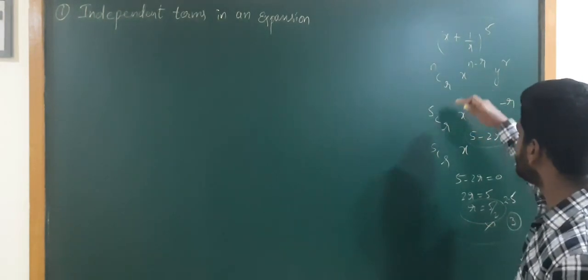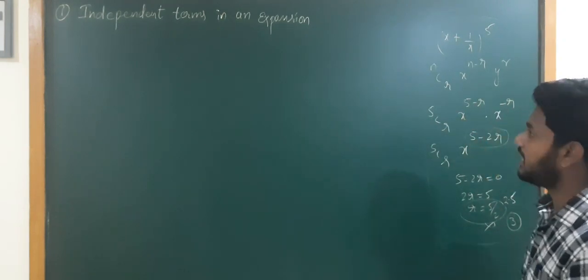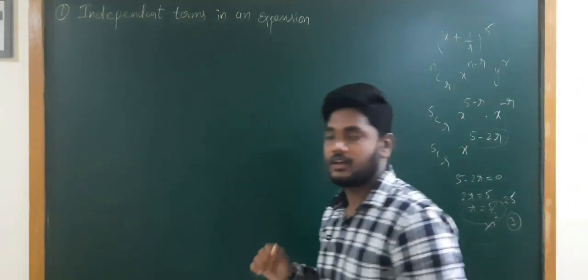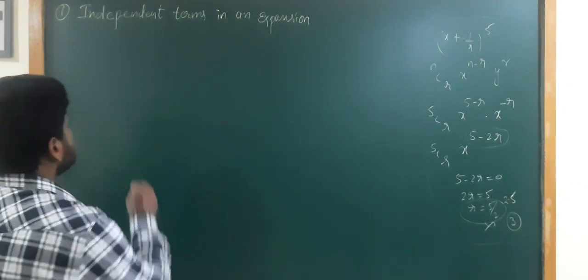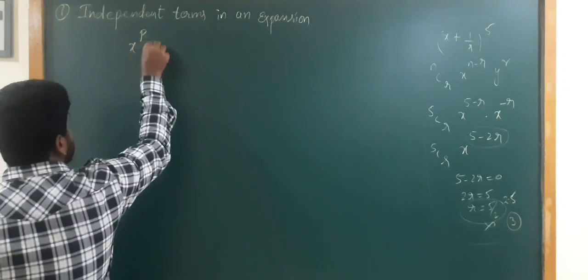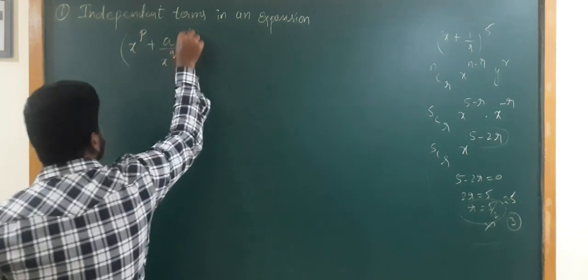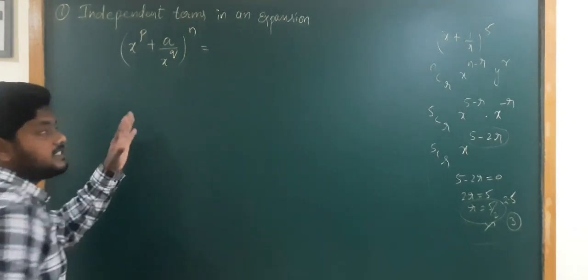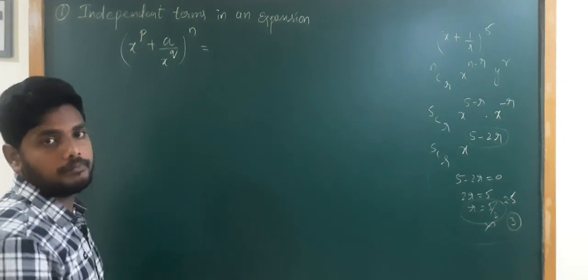Now, instead of writing the formula, writing the general term and finding the r value, how do we find the independent term in a very quick way? Suppose the expansion is in the form (x^p + a/x^q)^n.